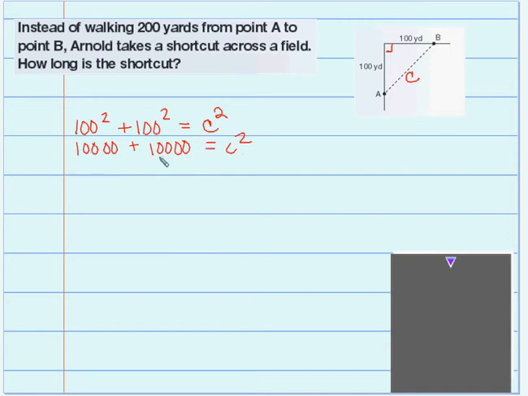This number then I have to add together, right? So I get 20,000 equals C squared.